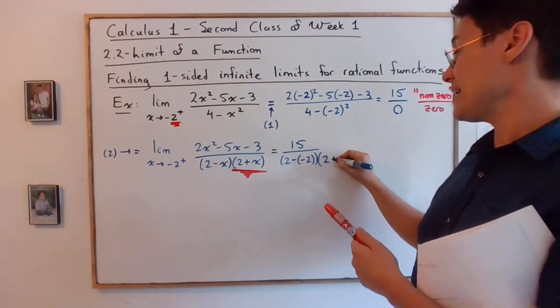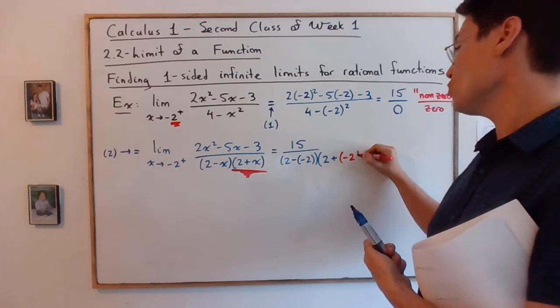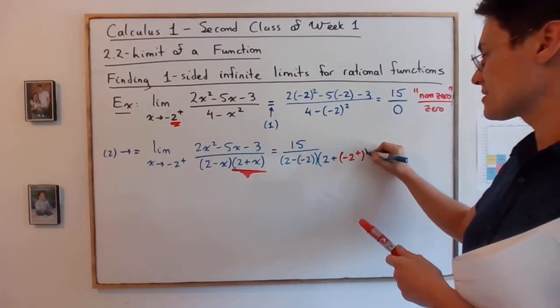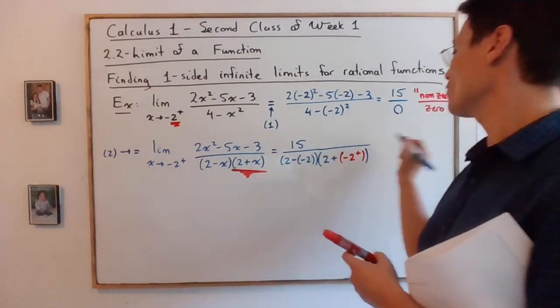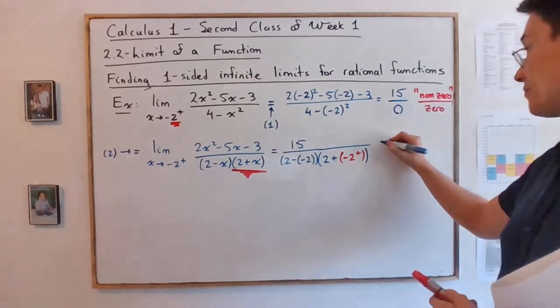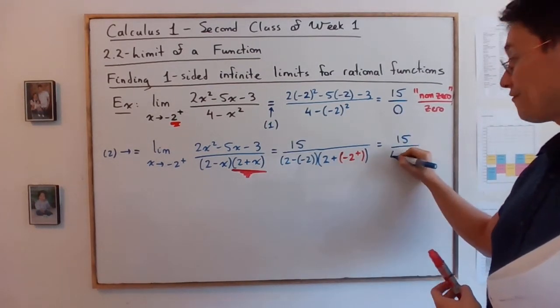And remember, in this bracket, you're going to replace this with -2 from above. That's the only place where you replace the -2 from above. And then you keep track of the sign of the fraction. Okay, so we have 15 over 4.